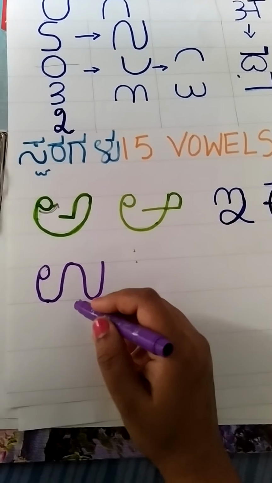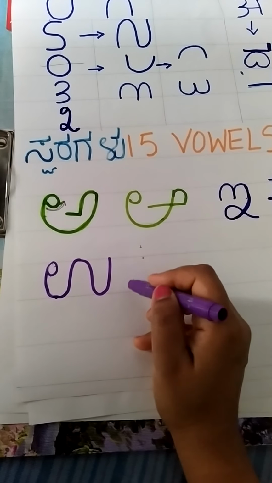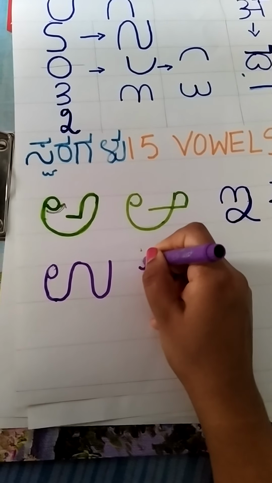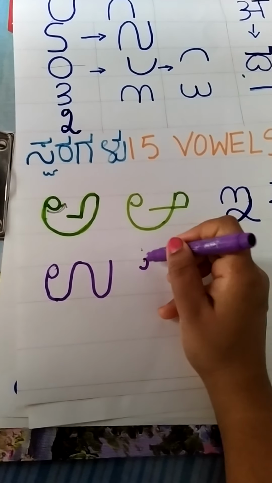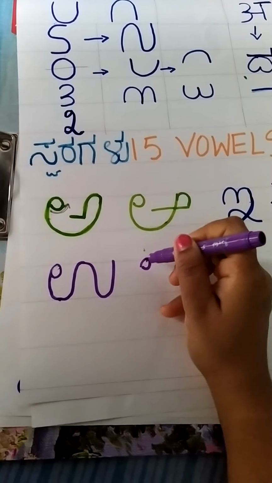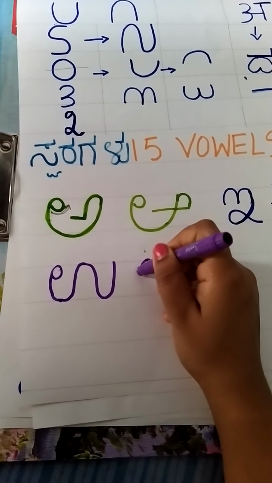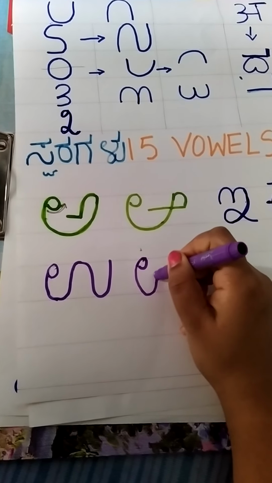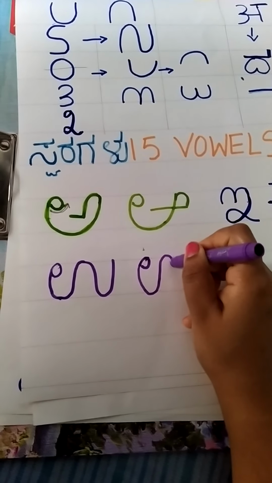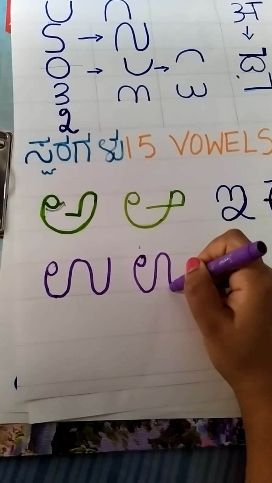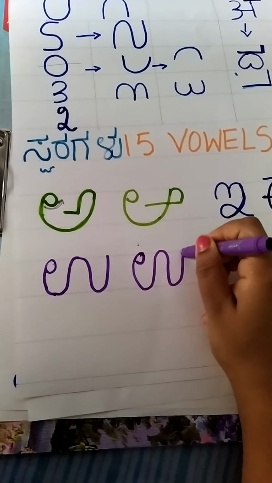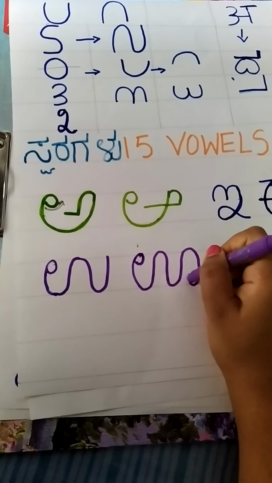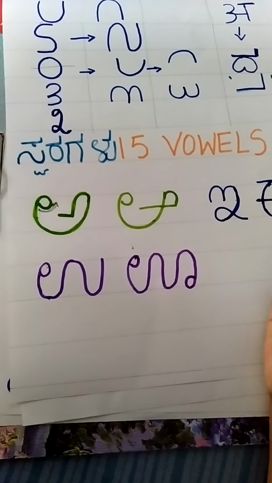The next letter is Oo. It is the same way but you have one more turning. See here how I am writing. Turn, go up, down, again go up, again down and turn it.